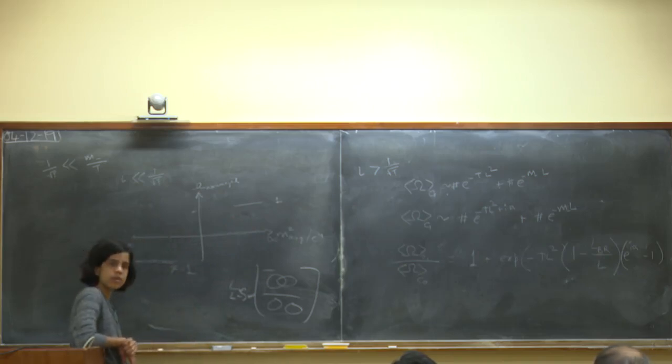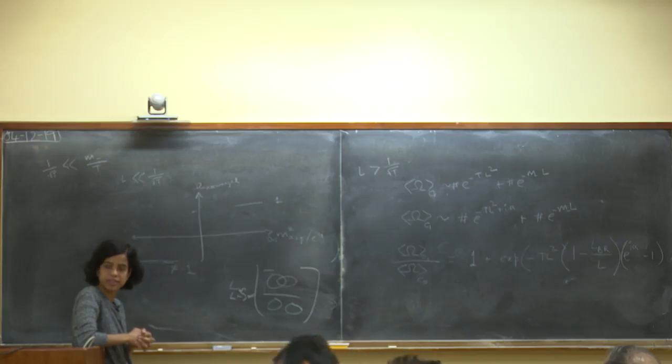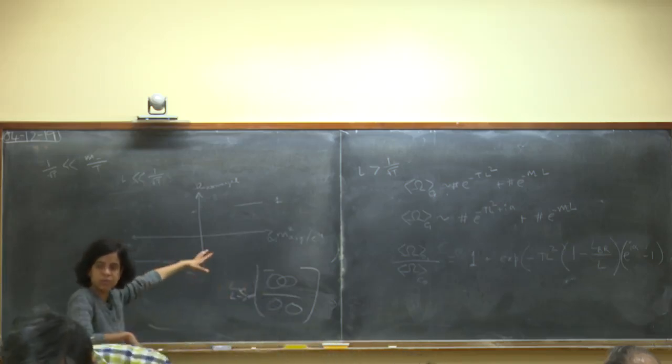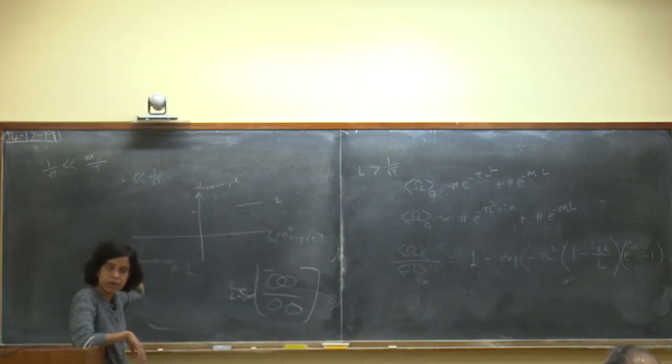You told us yesterday that you do the classical analysis. That was yesterday, when I had a symmetry argument to tell you why things were quantized on the two sides.